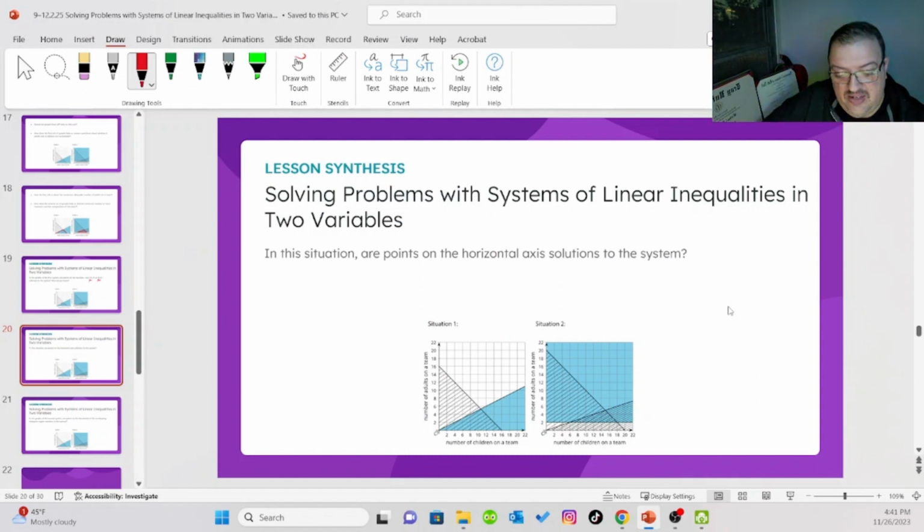So since that is allowed, this portion of the double shaded region is a solid line for the axis. Since it's a solid line that creates the double shaded region, that would also be a solution to the system.